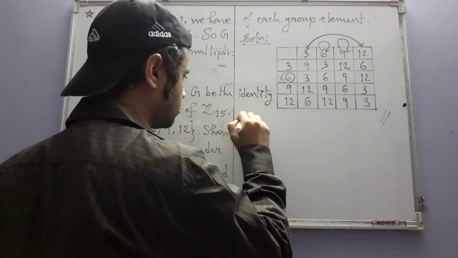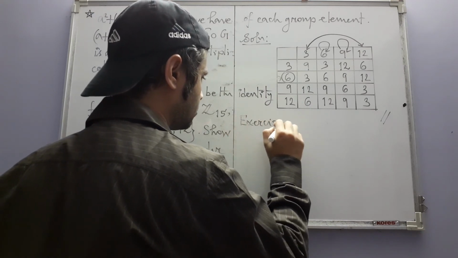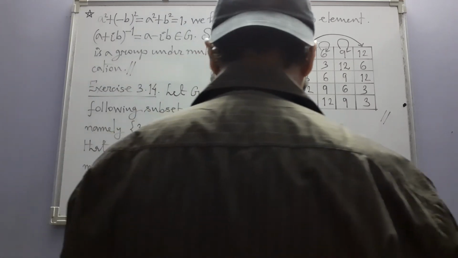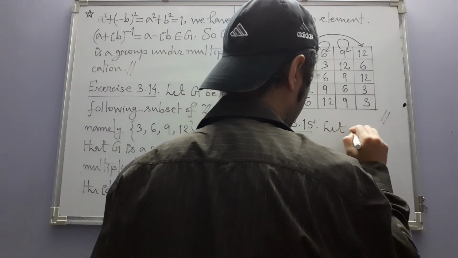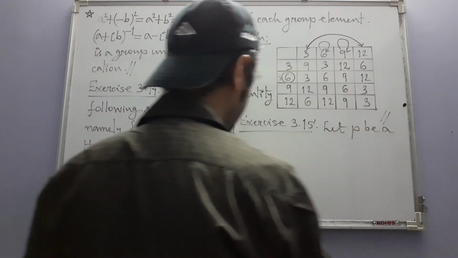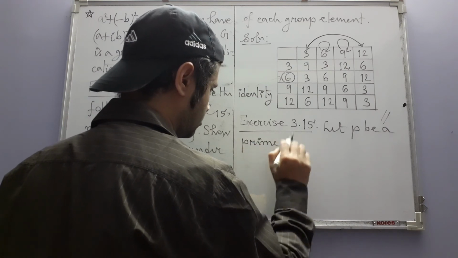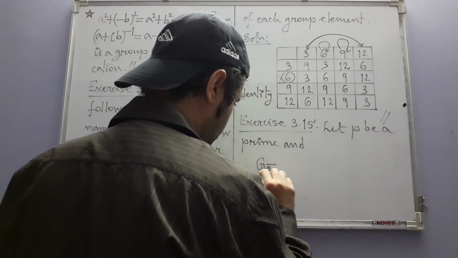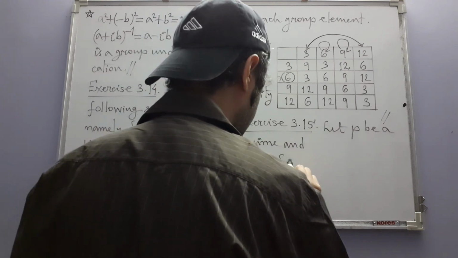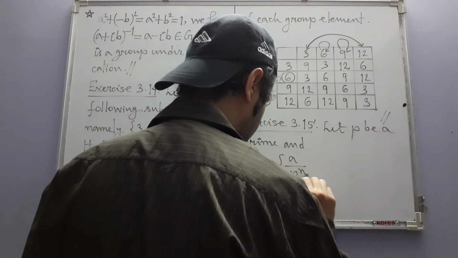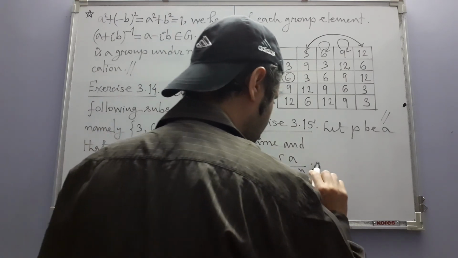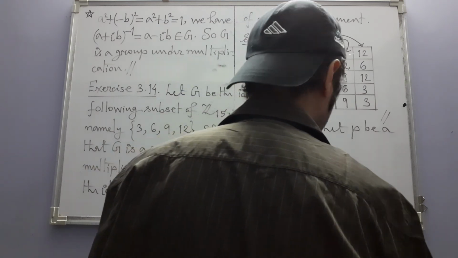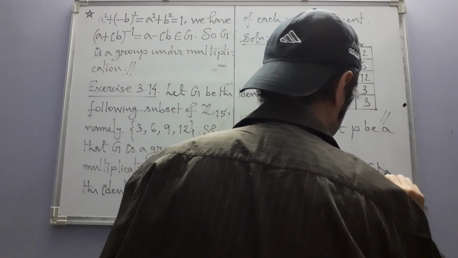Next, let p be a prime and G is the set whose elements look like this: a divided by p to the power n, where a is any integer and n is a natural number, a positive integer.